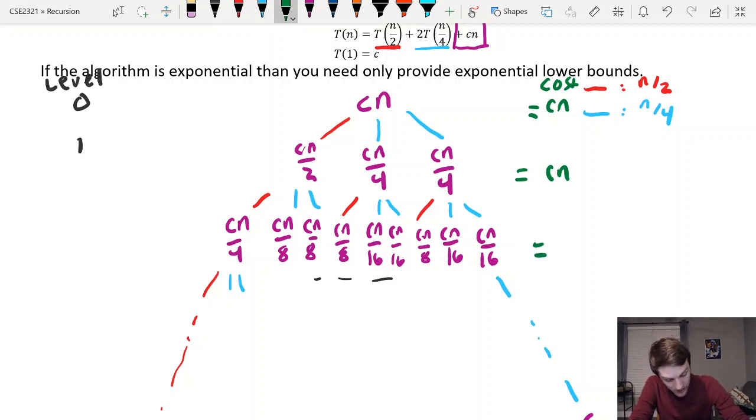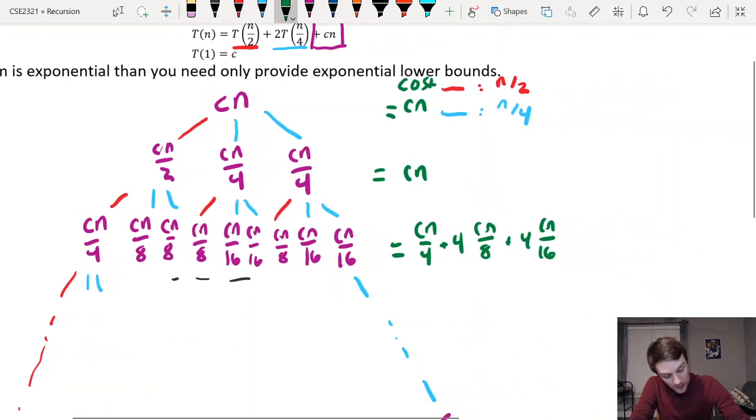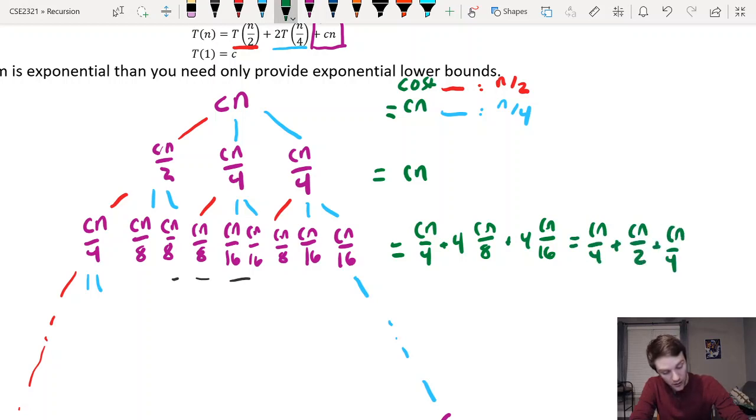I have one copy of Cn over 4 plus 4 copies of Cn over 8 plus 4 copies of Cn over 16. Adding those up, I get Cn over 4 plus Cn over 2 plus Cn over 4, which is still just Cn. So the cost for that level is Cn.